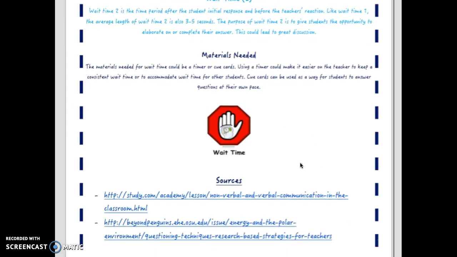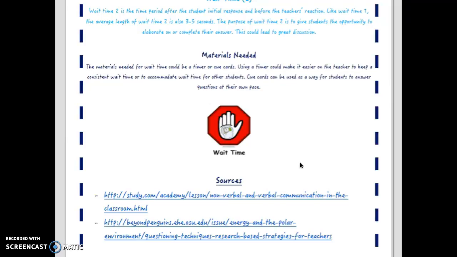So the materials that you would need for wait time really is just time, obviously. That's not really a material. But some things I thought of that you could maybe use to help you out would be a timer or maybe cue cards. You could use a timer to make it easier as a teacher to keep consistent on wait time.